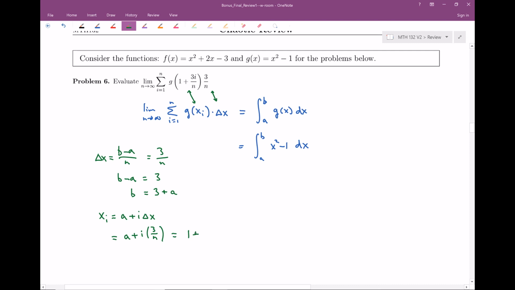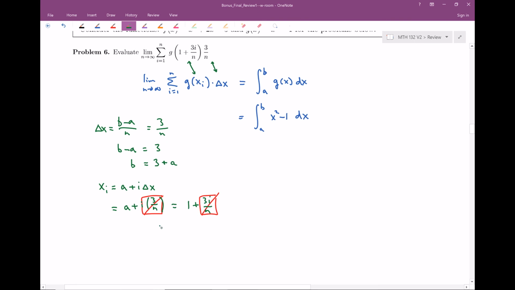We can see there's a 3i over n right here, and a 3i over n right here, so those will perfectly cancel out, and we're left with a equal to 1. If a is equal to 1, then when we add 3 to it, we get our b value, so b will be equal to 4.